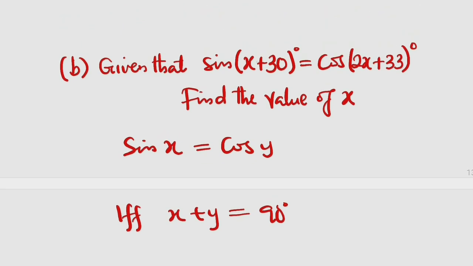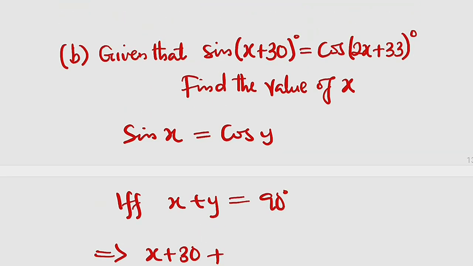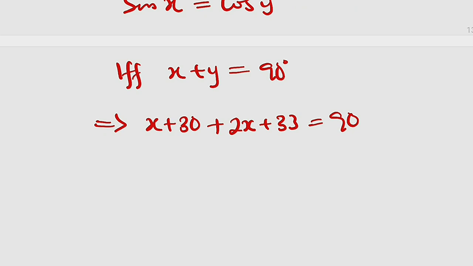So this implies that the arguments here, their sum must be equal to 90 degrees. So this implies that x plus 30 degrees plus 2x plus 33 degrees must be equal to 90 degrees, right?